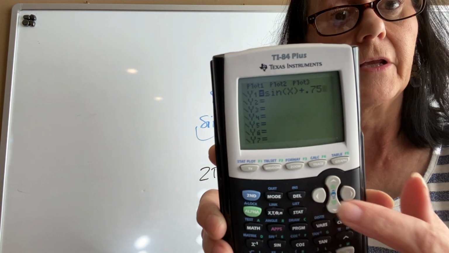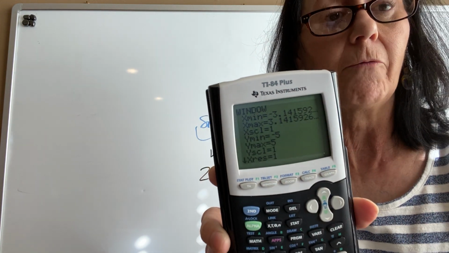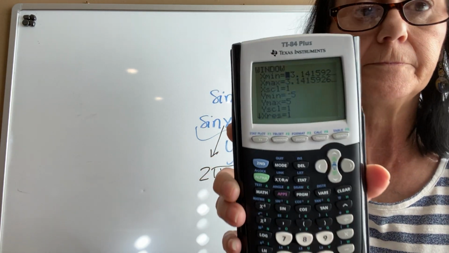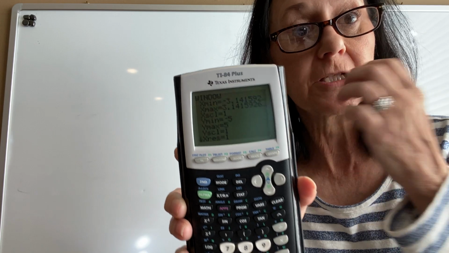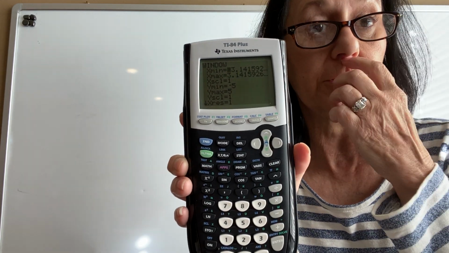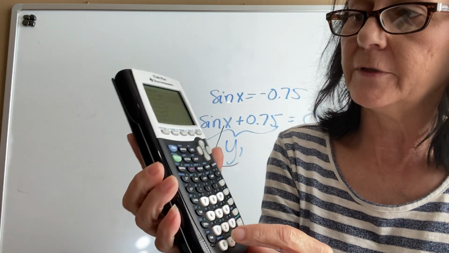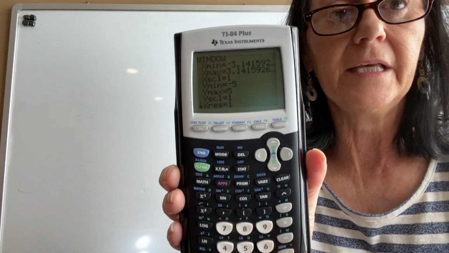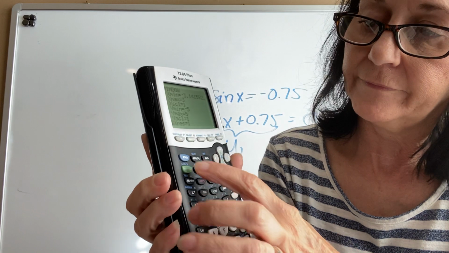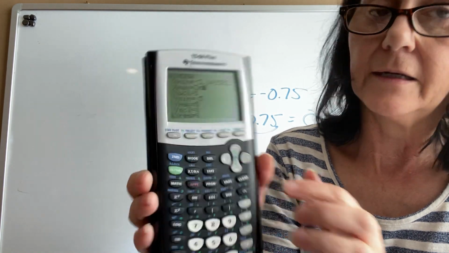All right, now I'm going to go look at my window because in my window I want to see 0. I might go from negative pi to 3 pi. So I see 0 to 2 pi, all right? It's already negative pi. Then I'm going to go to 3 pi. So you just hit 3 second upward caret.